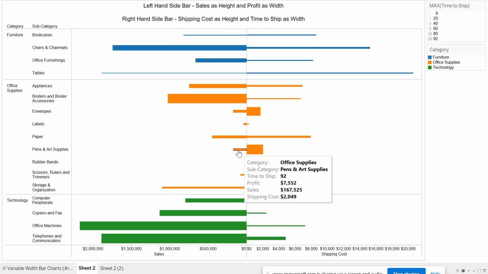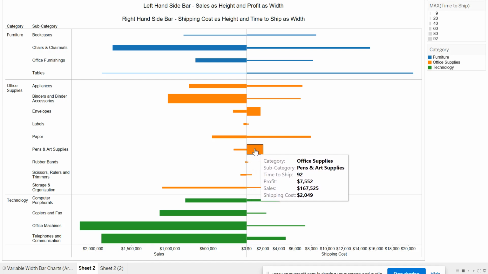But if you look into this, the shipment cost incurred is 2049 and the time to ship is 92 days. It clearly shows that the shipment cost, if you count it with the profit, which is equivalent to 25% of the profit, and the time to ship of this one took 92 days.